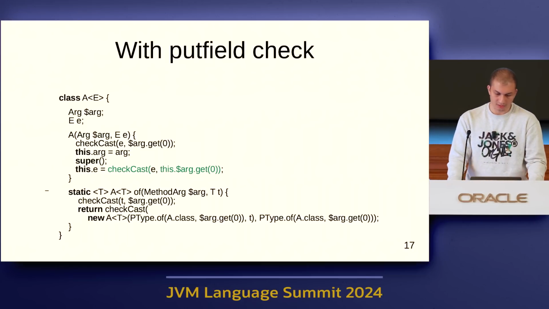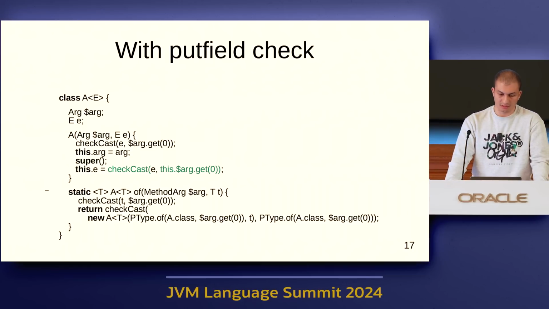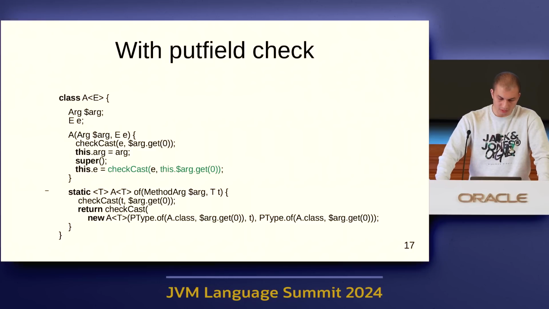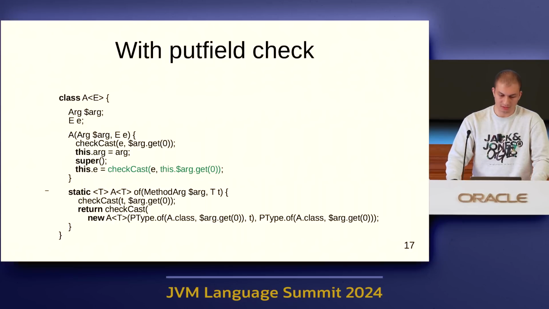So here we also generate a check before setting the value to E. But you can note that this time, because we know that the arg field has been initialized, we use the field directly instead of the parameter of the constructor, as we were doing for the checkcast on E at the method entry. So this time we can use the field directly instead of the parameter.